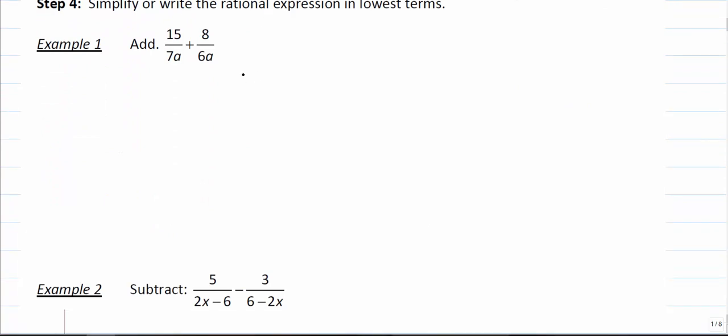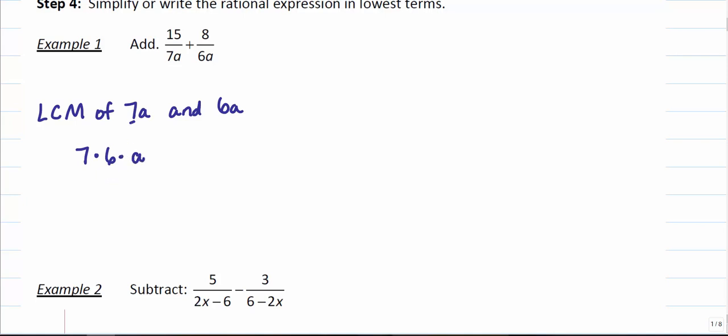on example 1, my denominators are 7a and 6a. So if I'm thinking about the least common multiple of 7a and 6a, well, I need 7 for sure, and I need 6 for sure, but I only need 1a.